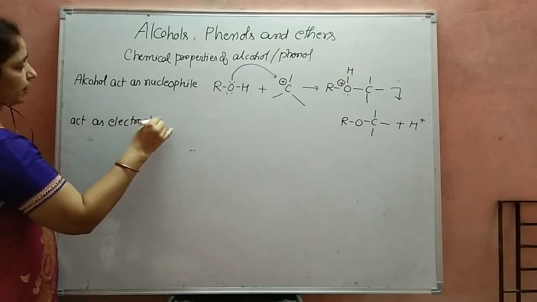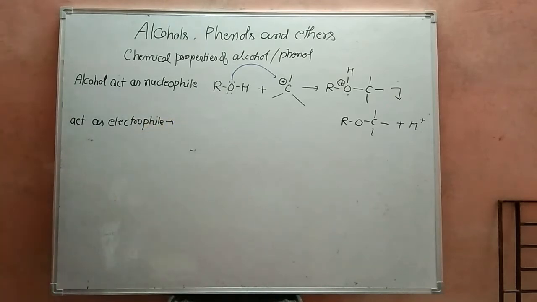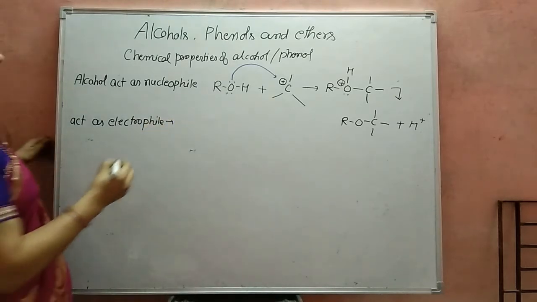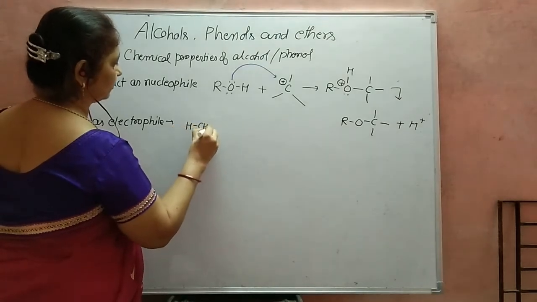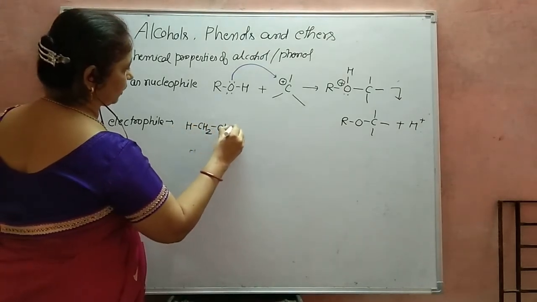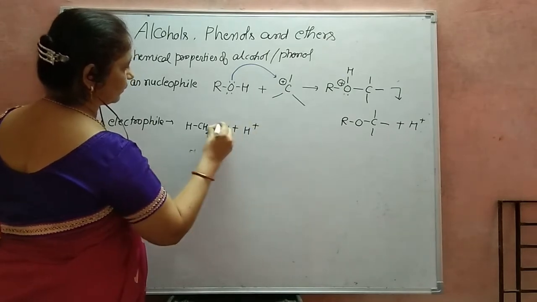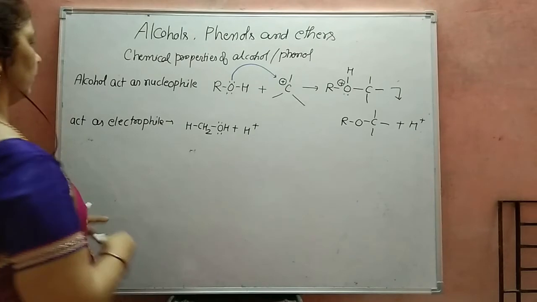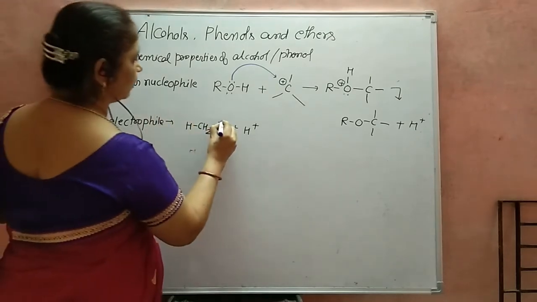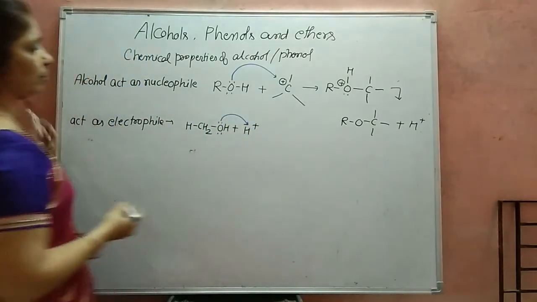How does it act as an electrophile? If it is protonated. So first of all, in the presence of H positive, once again two lone pairs of electrons. So it gives one lone pair of electrons to hydrogen.